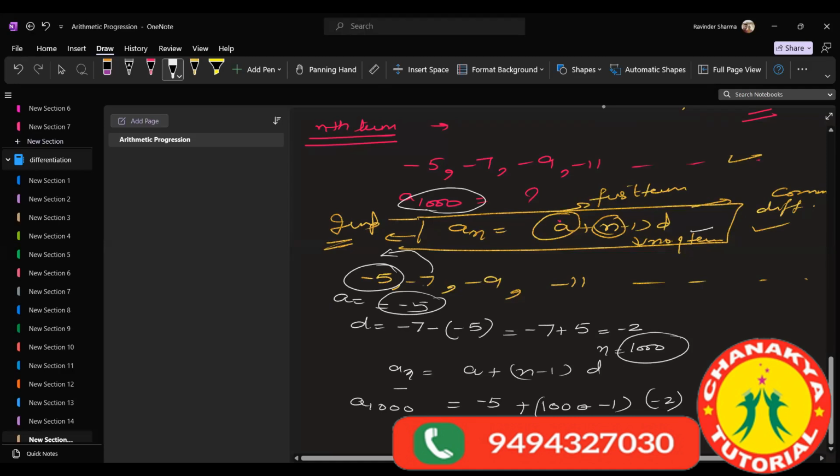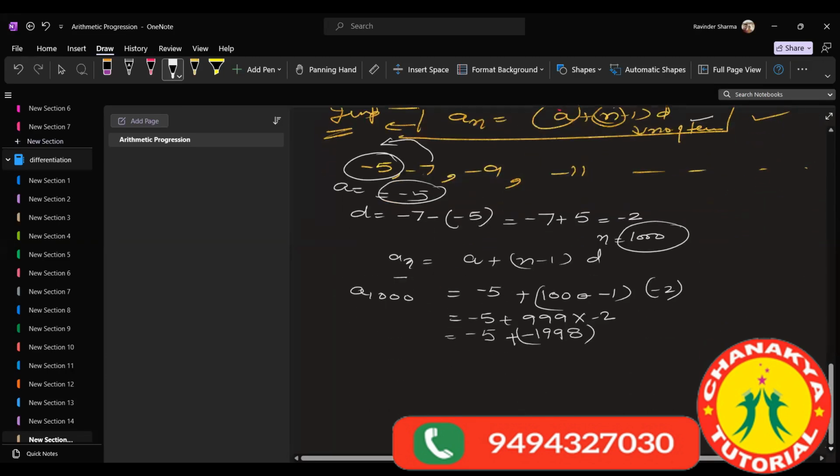Now -5 plus 1000 minus 1 is 999, multiplied by -2. Now solve it. 2 nines are 18, and 19, so it will be -1998. Now -5 minus 1998, add them.